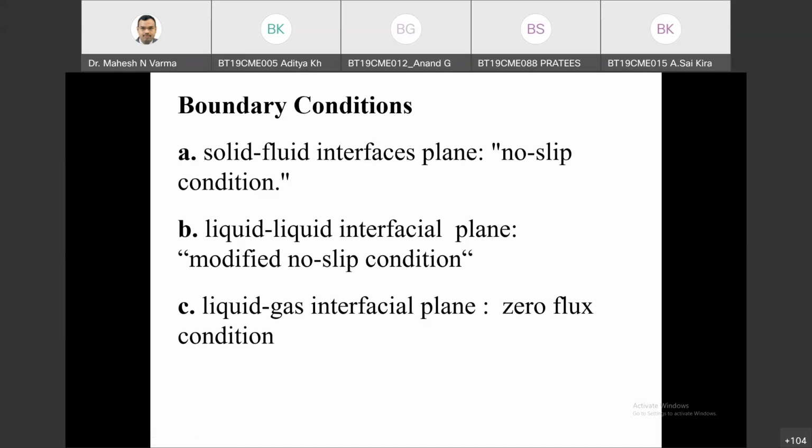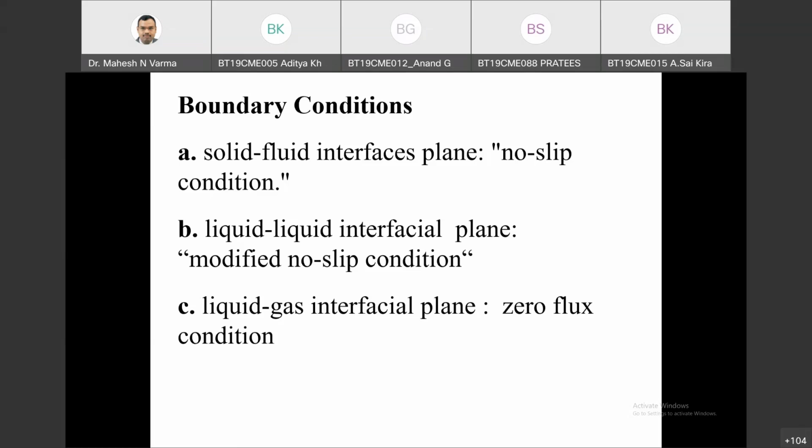At a liquid-liquid interface, say I have oil over water and both are flowing. Water has a higher density, so the bottom layer will be water and the upper layer will be oil. At the interface, the last layer of water will have the same velocity as the first layer of oil.